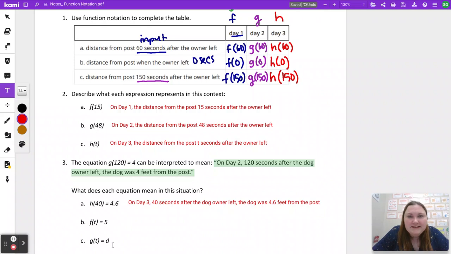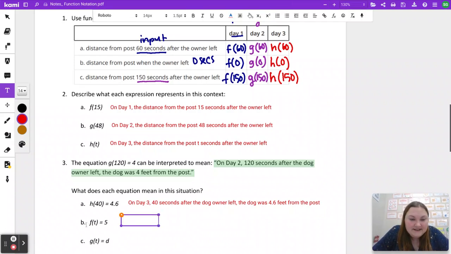These other 2 here are really similar. It's just we've got missing information now. This one here, it has an F, so that tells me we're talking about on day 1. But because that input is missing, it means I don't know the time. So we could say T seconds after the dog owner left.